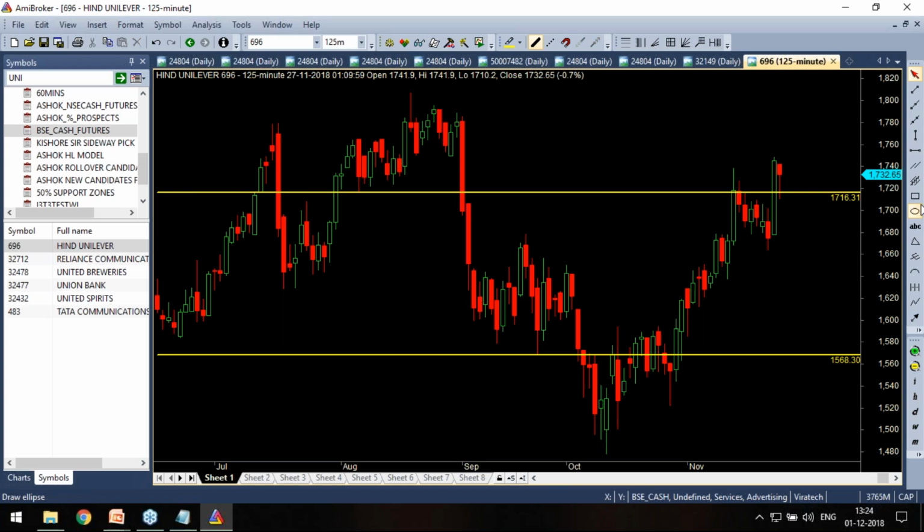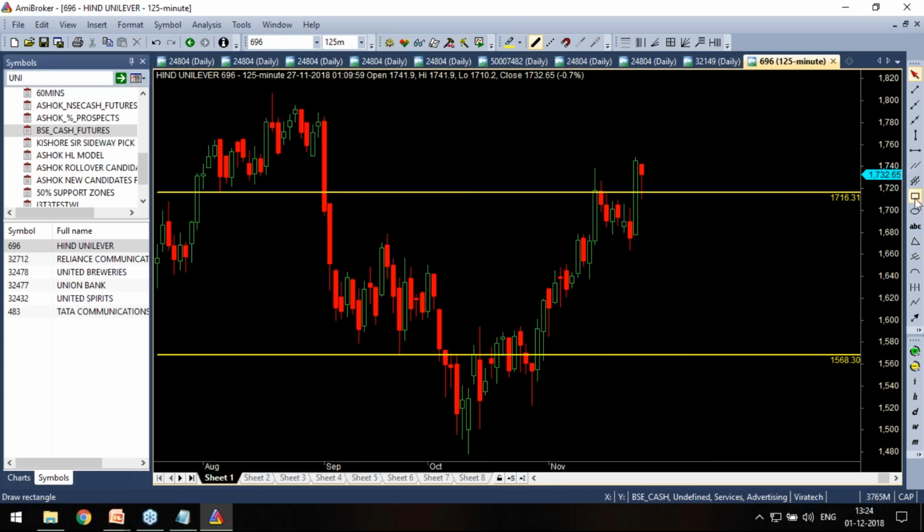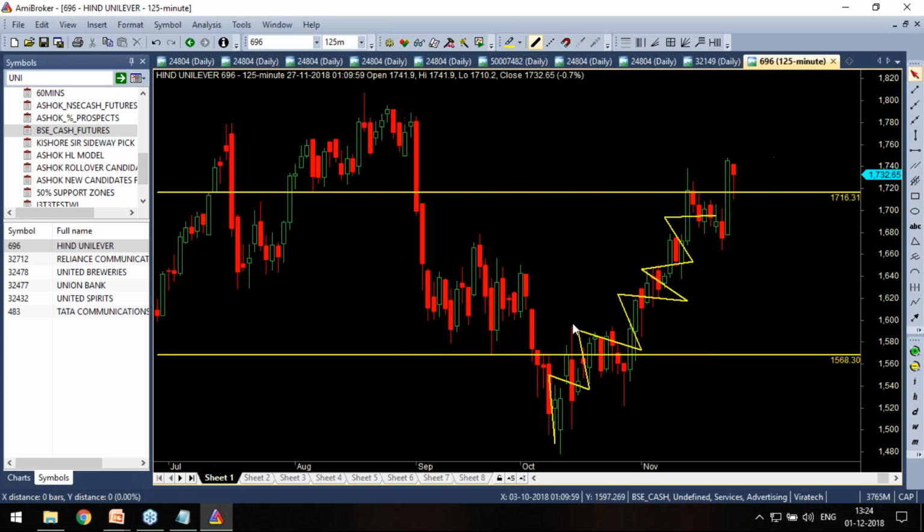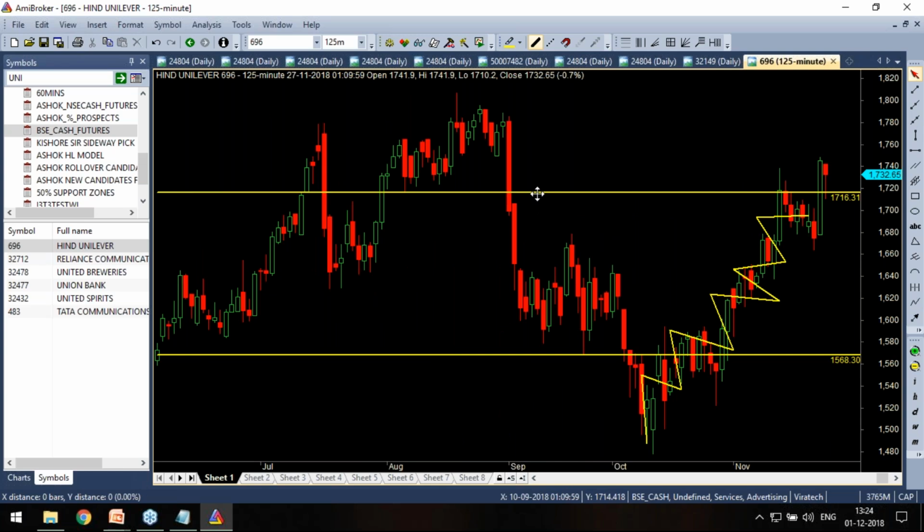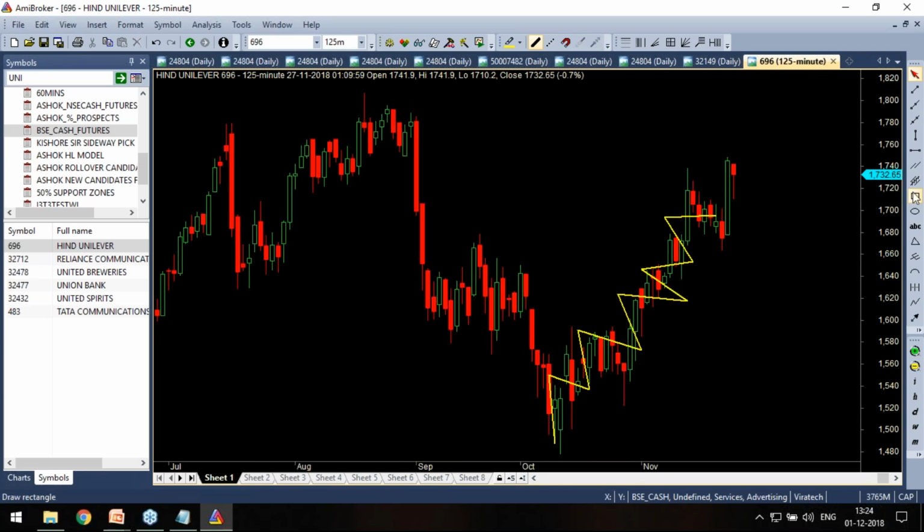And look at this, friends, this whole thing is compression. We will talk about this. Price doing a lot of zigzag movement. Now I'm telling you, this is a strong zone for me. Can somebody check and tell me where this price is?